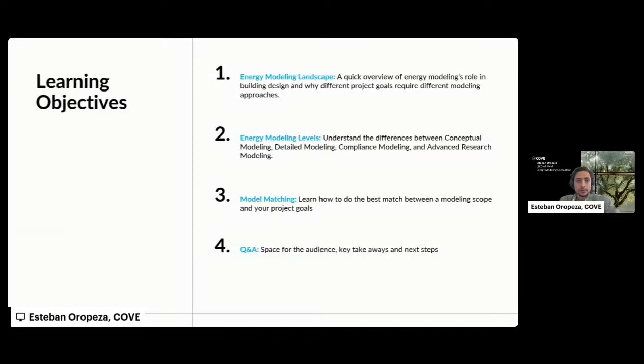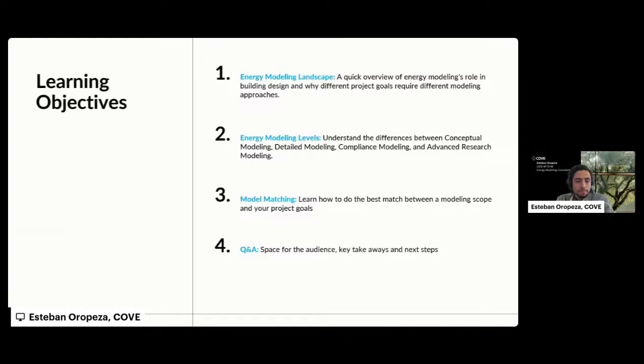So the learning objectives are, first of all, understanding the energy modeling landscape, just a quick overview of energy modeling's role in building design and why different project goals require different modeling approaches. Then we will go in detail with energy modeling levels to understand the difference between conceptual modeling, detailed modeling, compliance modeling, and even advanced research modeling.